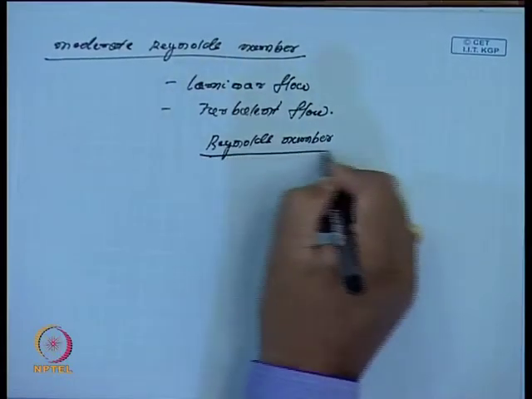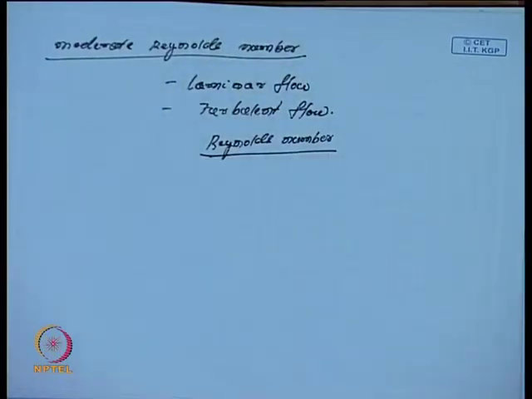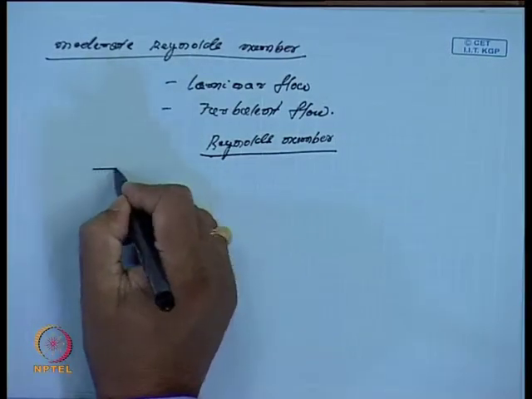So, for moderate Reynolds number, there is a class of problem for which rarely any closed form solution is available, and we always go for approximate solution.